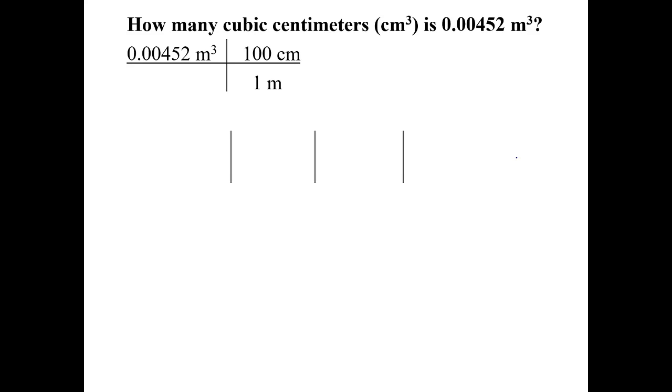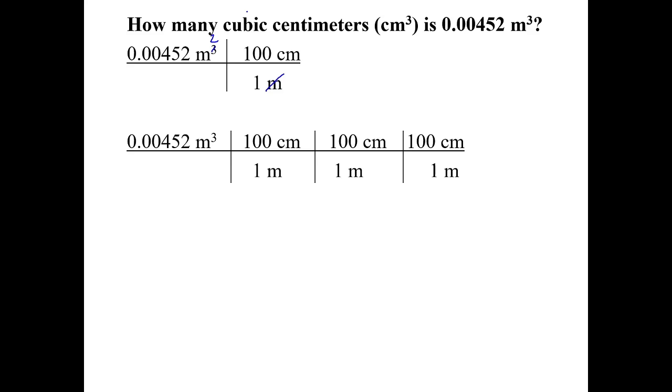But if m cubed were just a variable like x cubed in algebra, these wouldn't cancel. That could only bring it down to 2. Because it's cubic, because it's to the third, we need to do it 3 times. Then the meters cubed cancel, and you see centimeters, centimeters, centimeters.